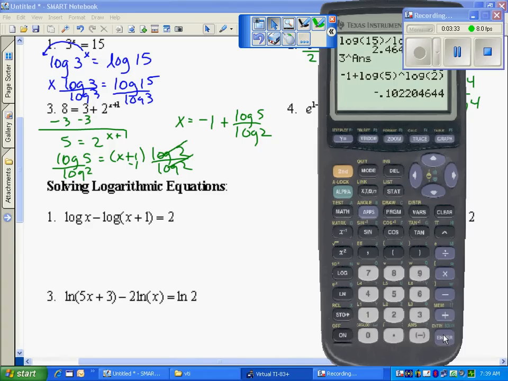So plugging that in and adding it, but I think I need to go back here: negative 1 plus log of 5, close it up, divide by log of 2, should give me a positive number, there we go.